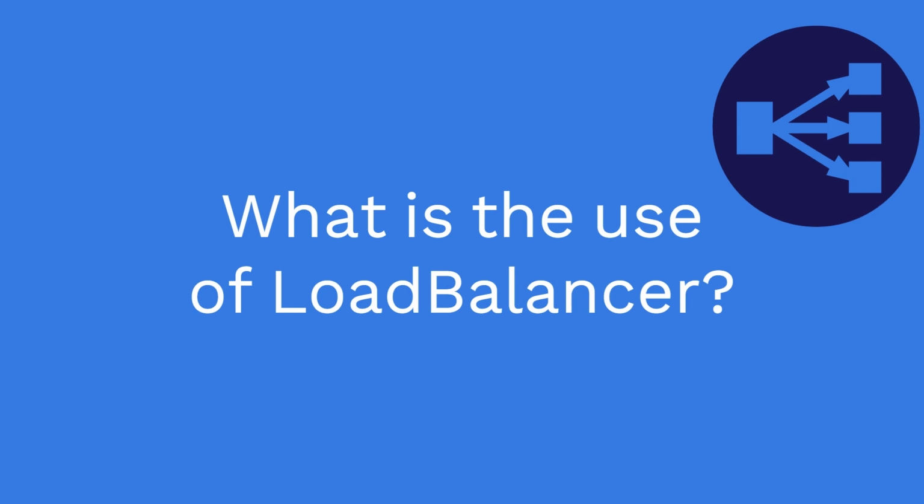So 3 instances are there, 30 instances are there, accordingly it will pass the request. Let's say instance A will get it, then B, then C, and then again A, B, C, A, B, C. So the load balancer passes the requests in this order, and whatever instances we have, we are utilizing them in an optimum way.